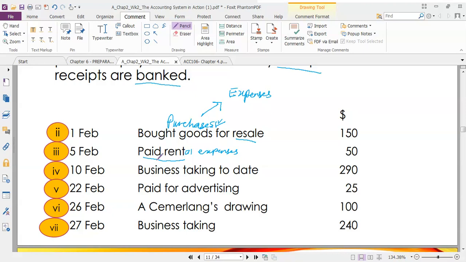So how do you open a business? You have to rent from someone else. So every month you must pay the rental. So paid rent means expenses, rental expenses.